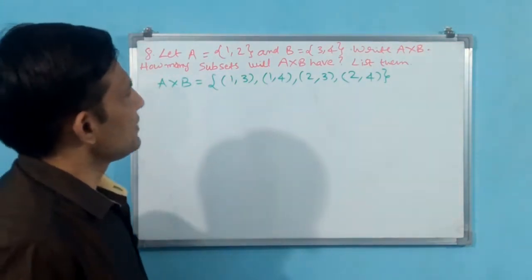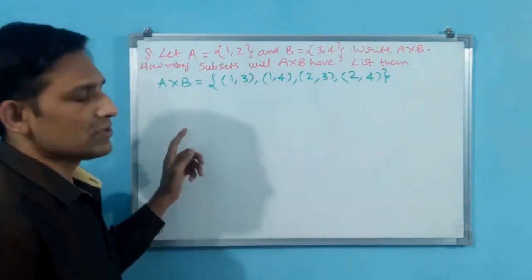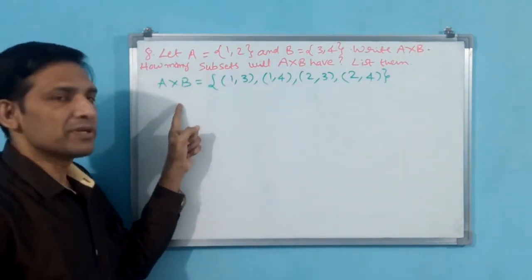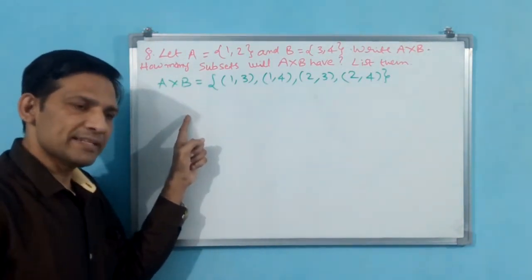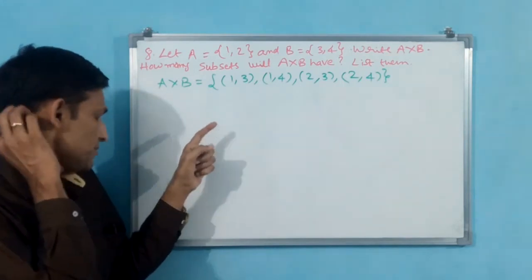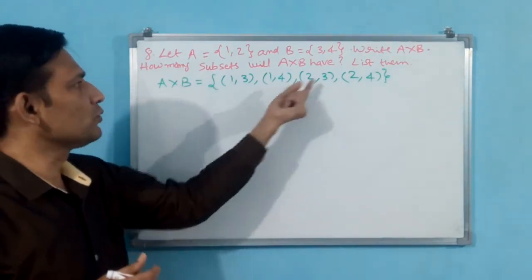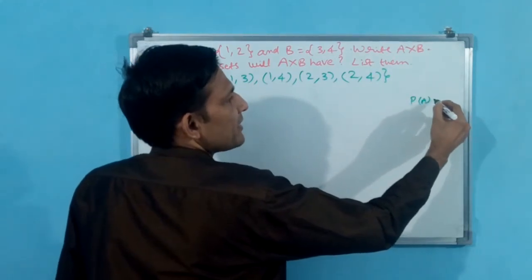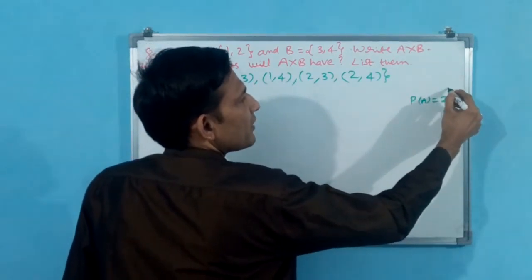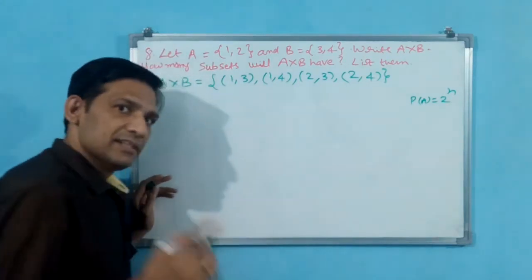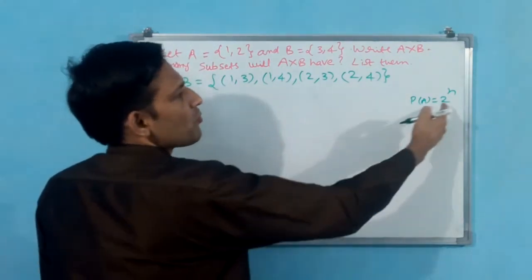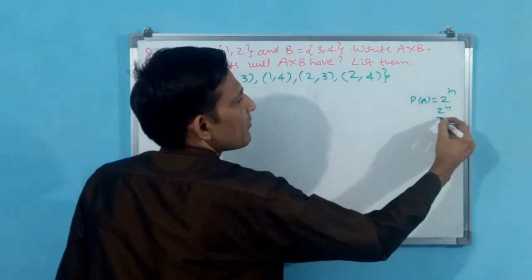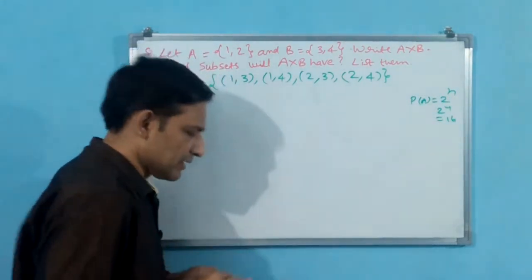How many subsets will A cross B have? Subsets of A cross B is asked. That means A cross B you have to consider as a set, or superset. Subsets means elements 1, 2, 3, 4. I have already told you, the power set is having 2 power n subsets. If 1, 2, 3, 4 elements come, that means 2 power 4, that is equal to 16 subsets will come.